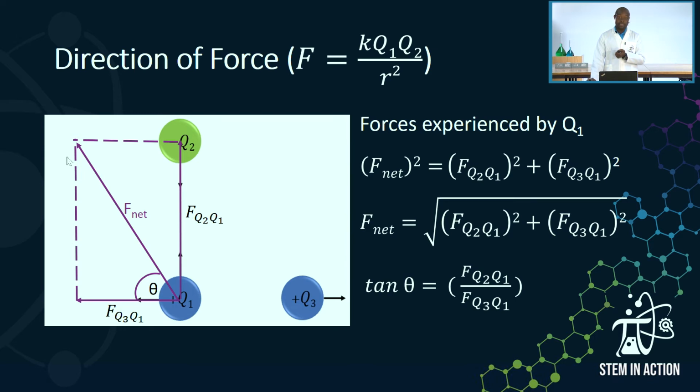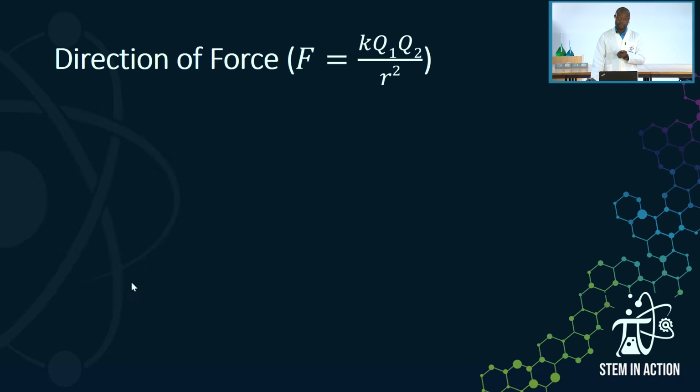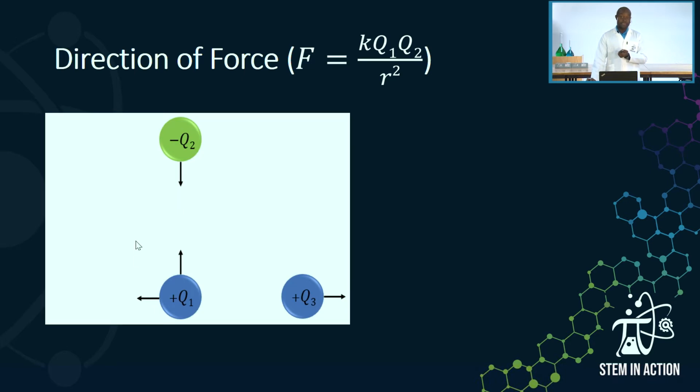Our opposite is the same magnitude as this force, so we're simply taking that force and putting it as our numerator. Then we're taking the x component and putting it as our denominator in our tan theta equation to find this angle. This is the same if you are using a different method to find the same answer.